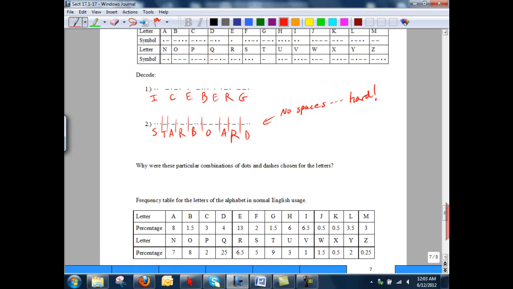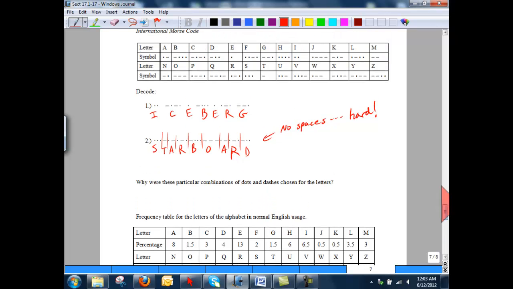Before we do that, why were these particular combinations of dots and dashes chosen for the letters? This is what's called a variable length code. For example, the letter A has a code word that's 2 characters long, whereas the letter B has a code word that's 4 characters long, and the letter T has a code word that's only 1 character long. Why this particular combination?